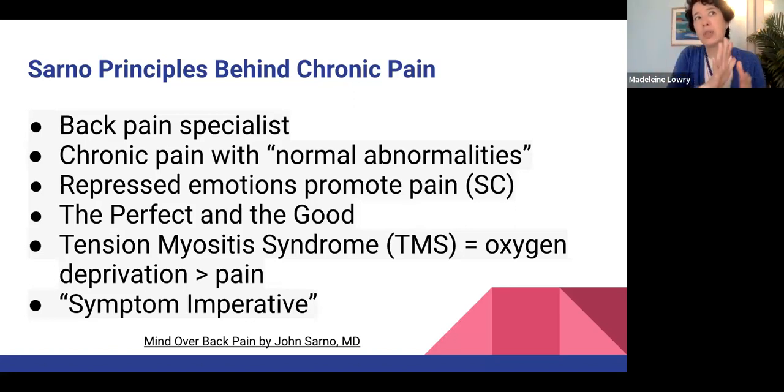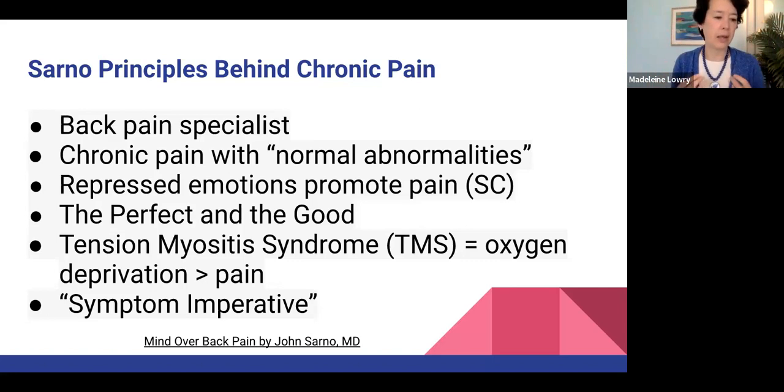Part of what pushed him in this direction was his dissatisfaction with his ability to help all the people that came to him, right? And he would see some people do well and other people not so much, which led him to believe he wasn't really getting to the true root causes here. The other thing is that he started to talk about evaluating these scans, right?